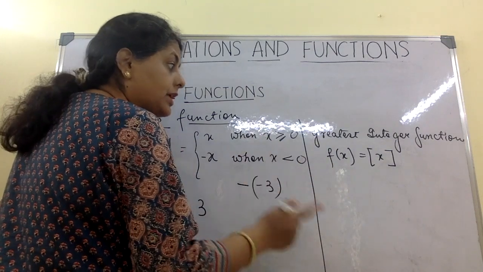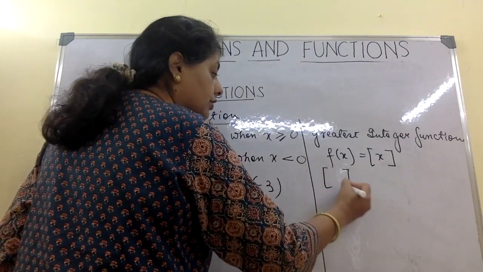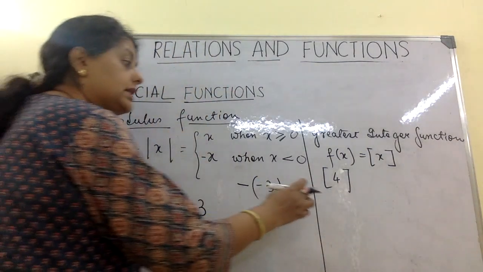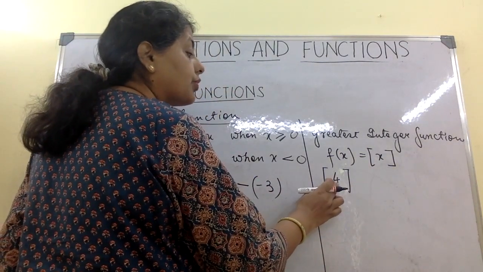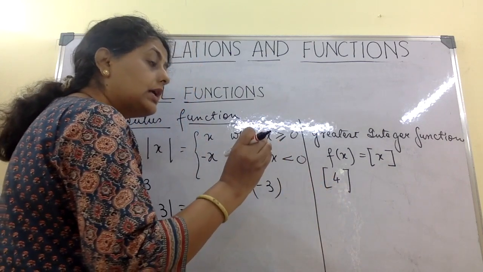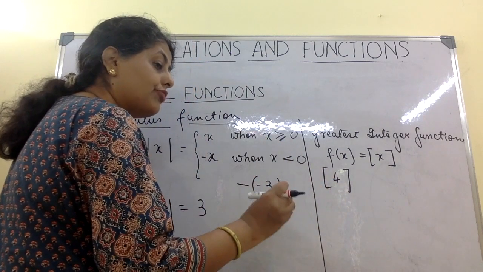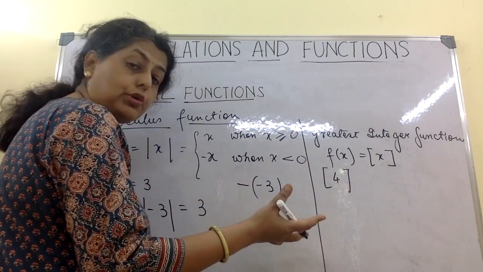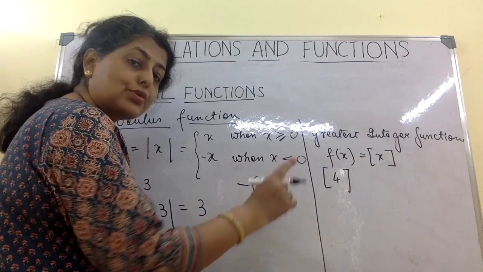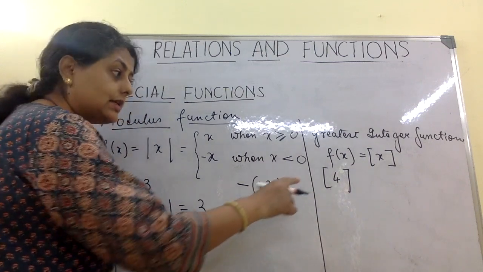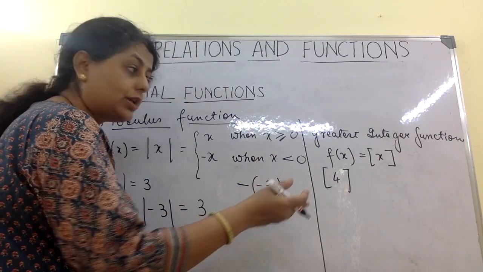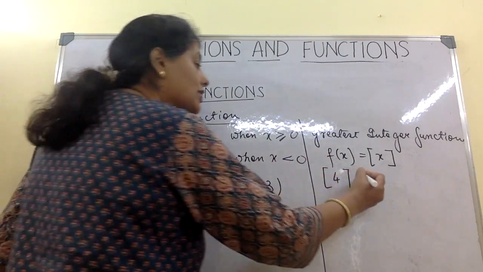What does it mean? Now if I put a 4 here, it is the greatest integer less than or equal to 4. We have to find the greatest integer which is just less than 4, or it can be equal to 4 also. Here 4 itself is an integer, so it is 4.